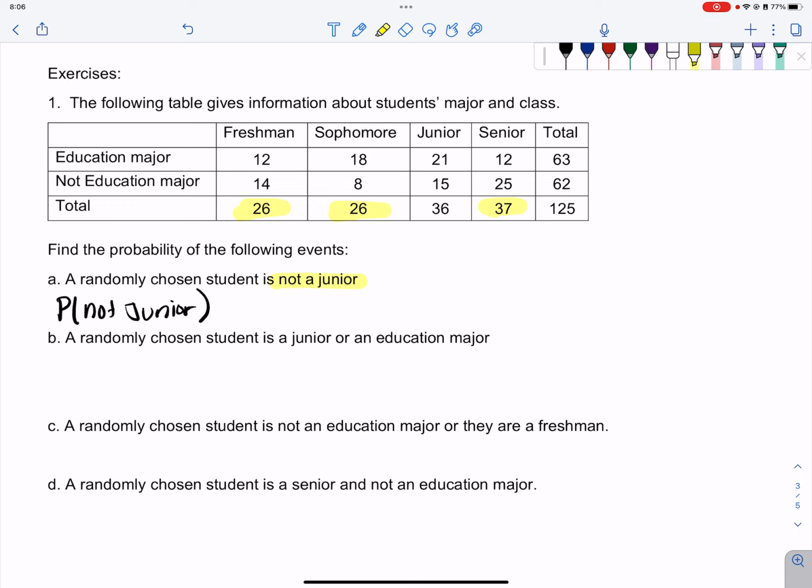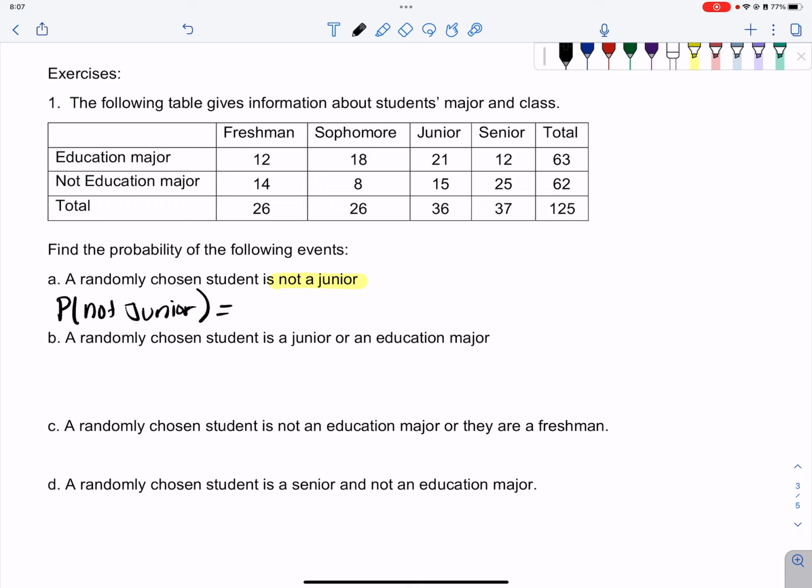So instead, we're going to work through it a slightly different way that is more beneficial if you have a large data set, using our complement rule.